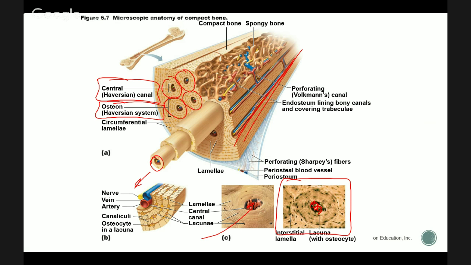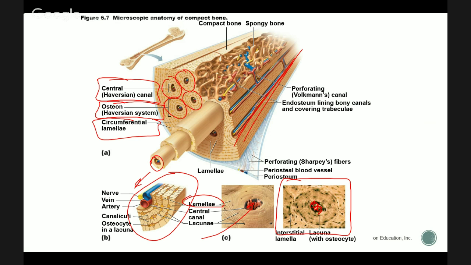All right, if we look a little bit closer at the circumferential lamella, that's what they call these rings. They're called circumferential lamella because they run around the circumference of the osteons in the compact bone. We can see the different lines.